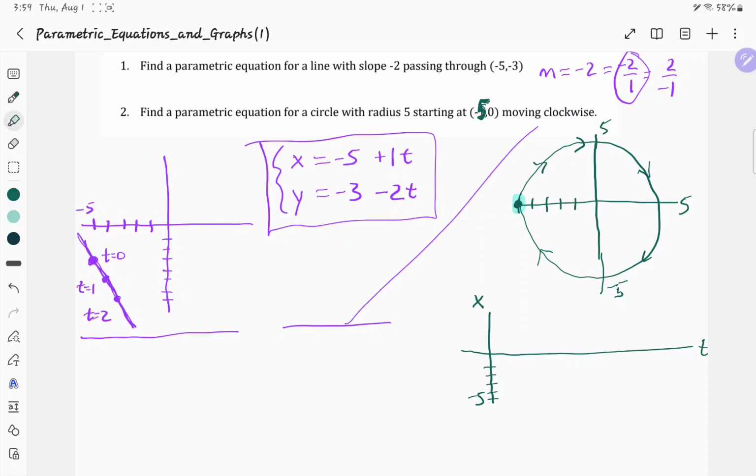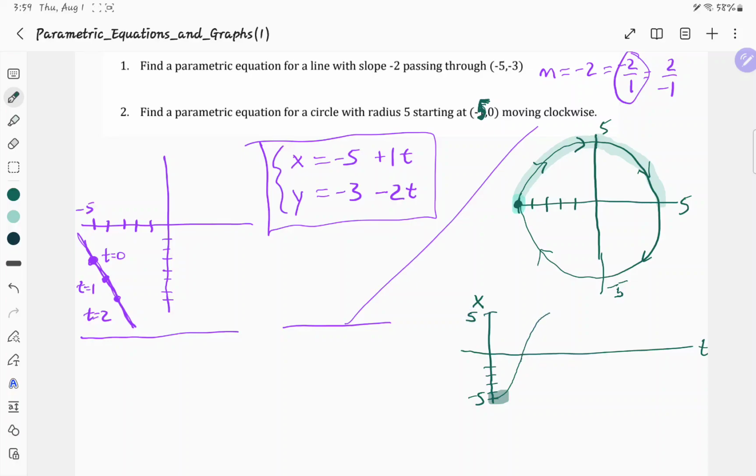And as we chase around that circle, we're going to go clockwise. So the x is going to increase, right, up to 0. It'll keep increasing till we get up to 5. All right, so I'm going to go ahead and kind of modify that. Oh, let's go ahead and grab the pen. So this is going to go up this way until we get to 0 and then 5.